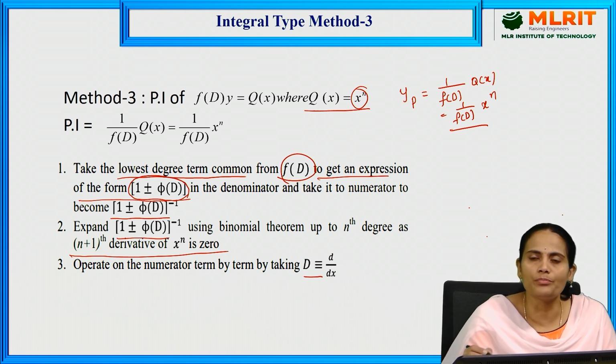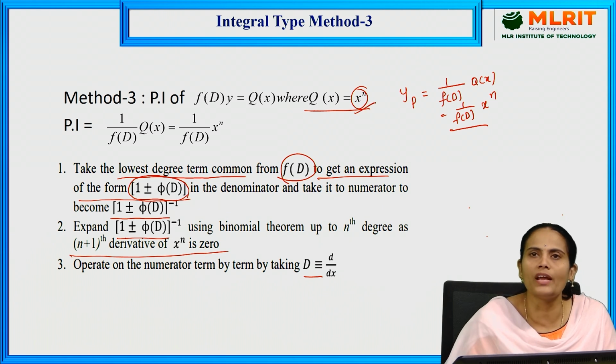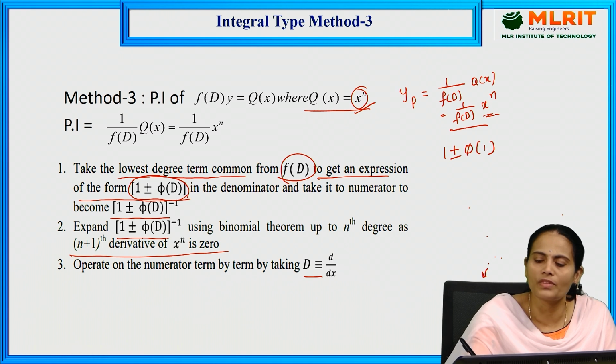So what is type 3? Type 3 is Q of x equal to x to the power n. You have to substitute x to the power n in yp, so yp is 1 by f of D into x to the power n. To find yp, first you take the lowest degree term common from f of D, and it will give the expression 1 plus or minus phi of D into x to the power n.